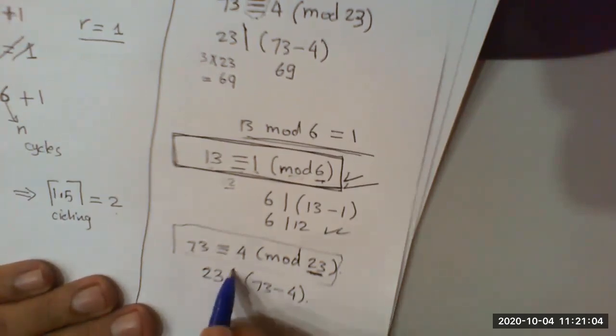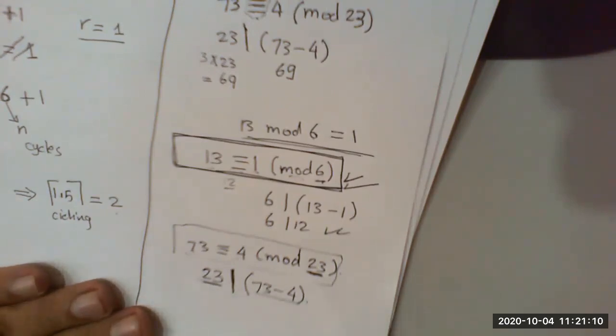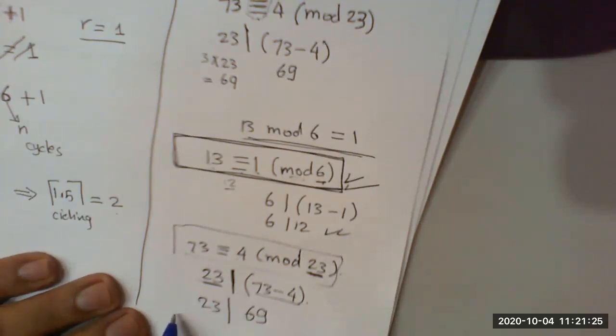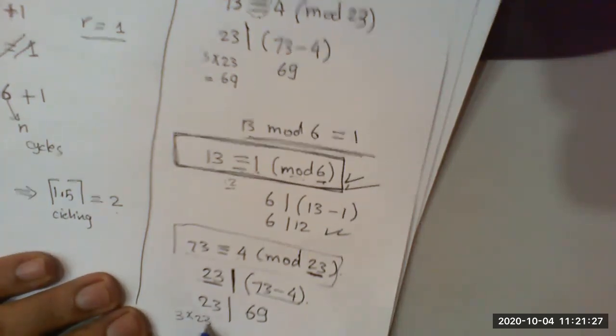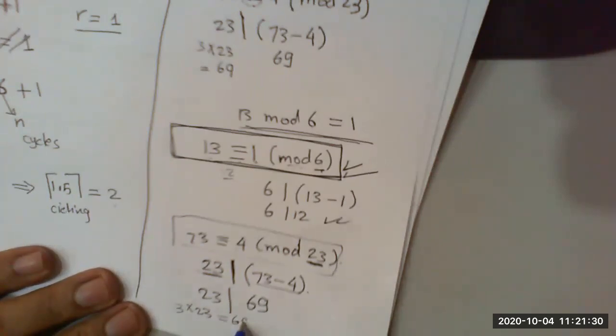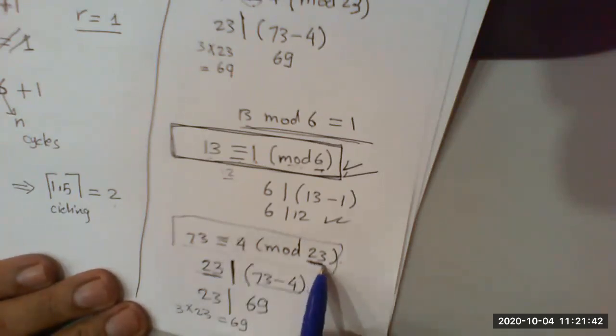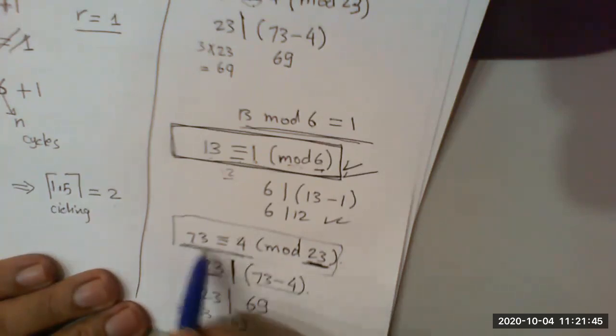Divides means that if I divide this number by that number, it will not have a remainder. The remainder is 0. So 23 divides 69, just because if you multiply 3 by 23 it gives us 69. This means the remainder is 0 after this division. This is a condition of the congruent. I have to make sure that this number divides the difference between these two numbers.